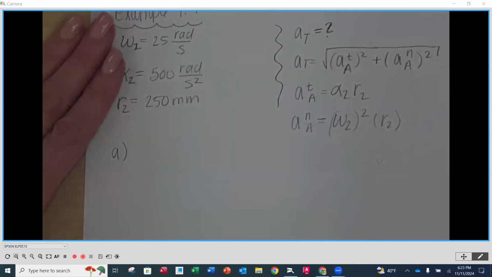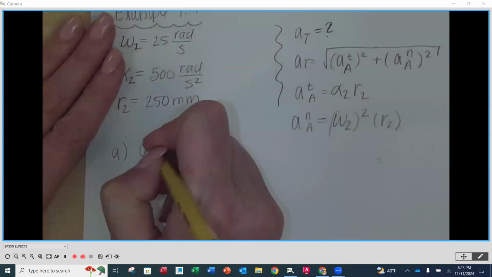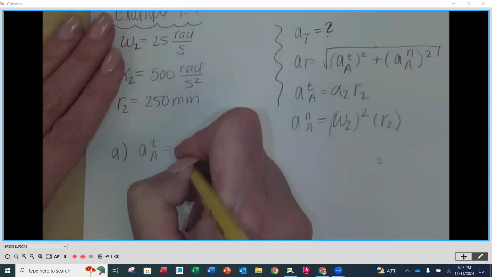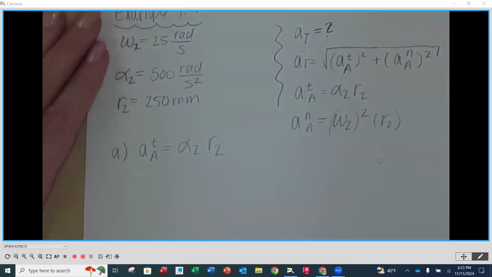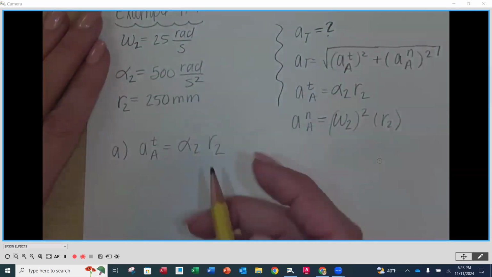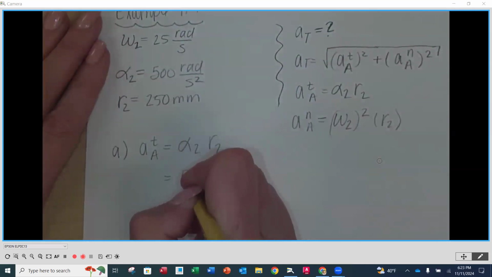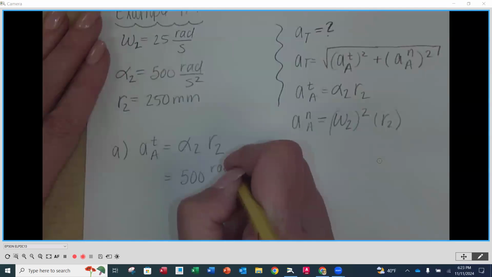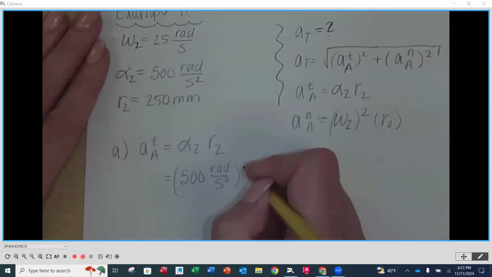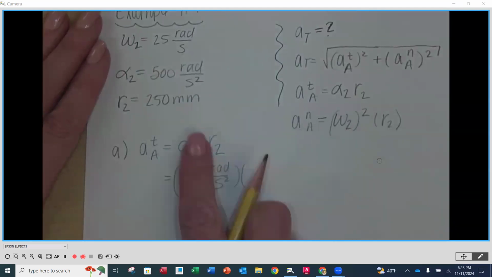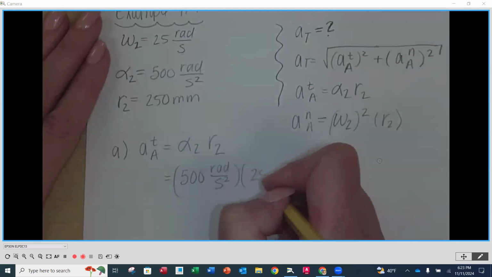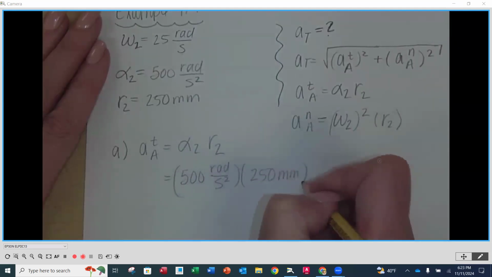Okay, so let's calculate that tangential at point A using alpha 2 times the radius 2. We're just going to plug and chug directly. So this is going to be 500 radians per second squared times the radius of 250 millimeters.